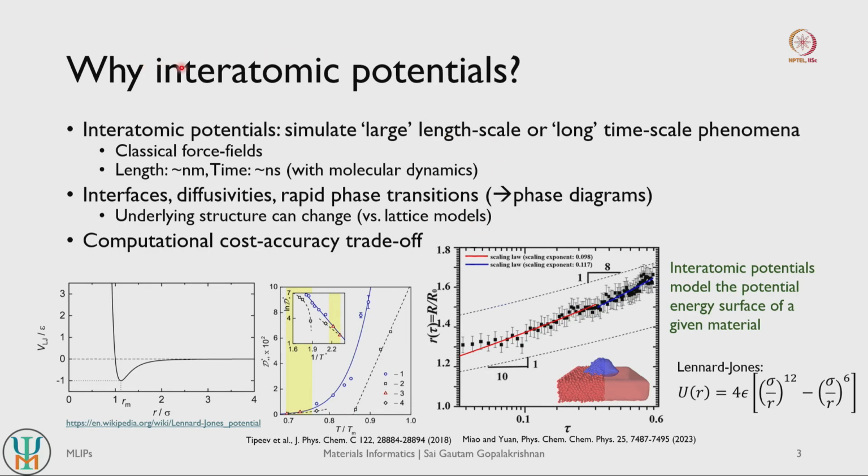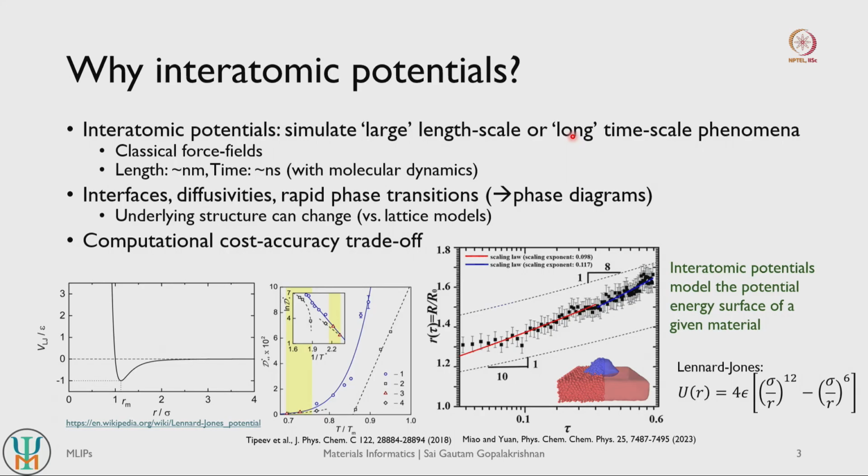So, the first question is why should we bother about interatomic potentials. The key thing to note is that interatomic potentials help us simulate fairly large length scales or long time scales. If we look at phenomena that are quite common in materials, we have to worry about things that happen of the order of picoseconds, to things that happen of the order of microseconds, and probably even years.